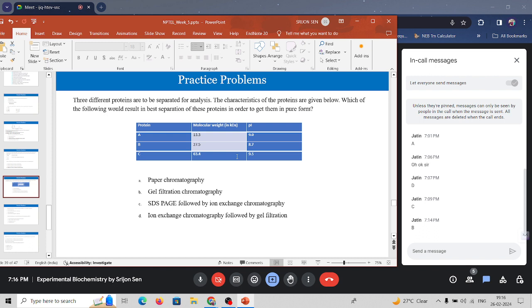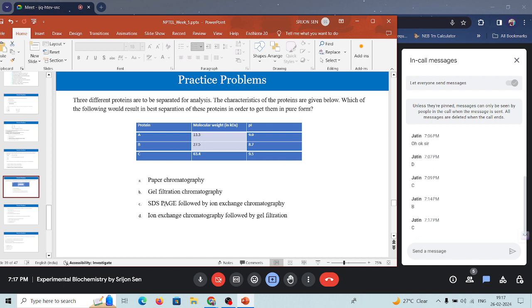Which type of chromatography would you be performing over here? The pIs are more or less similar. What varies is the molecular weight.